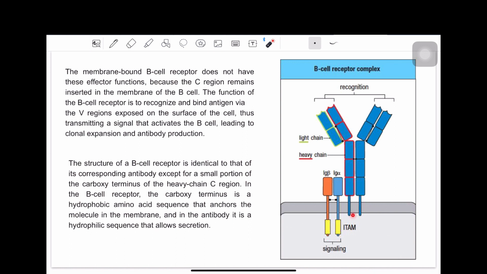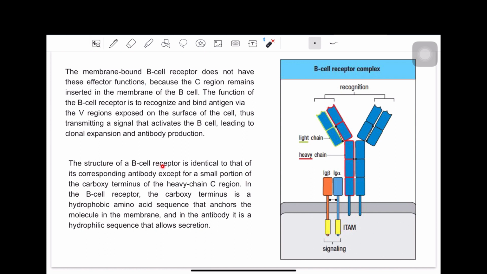Once the antigen binds to the B cell receptor, these signaling molecules help the signal of antigen binding to transmit into the cell through these ITAM motifs, the immunoreceptor tyrosine-based activation motifs, so that the cell can proliferate and differentiate.